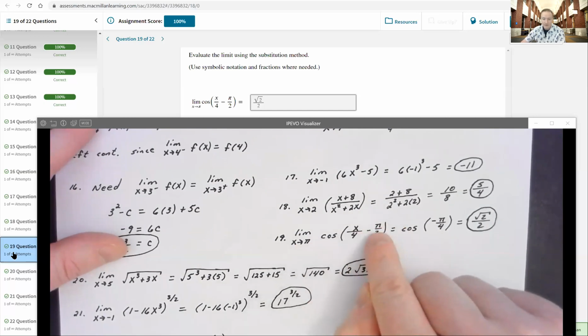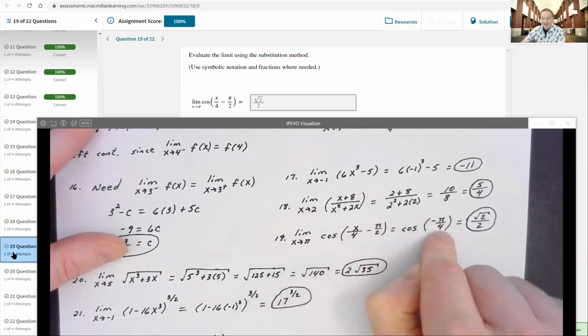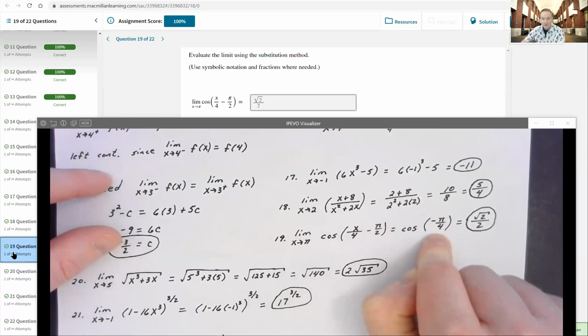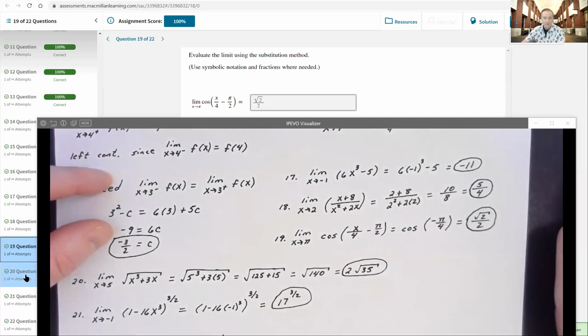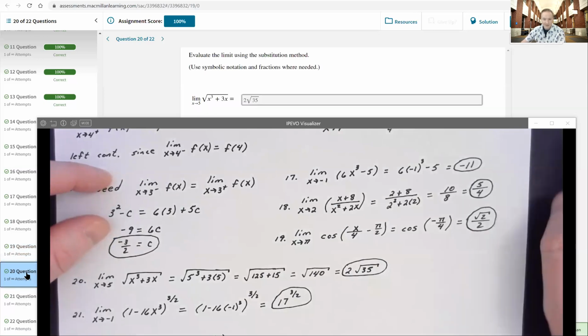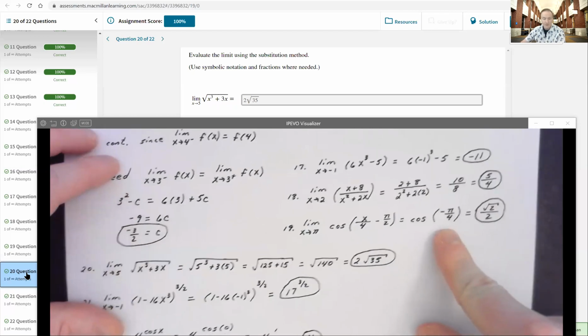Pi over 4 minus pi over 2 gives me a negative pi over 4. The cosine of negative pi over 4, I'm just thinking, well, that's the angle at which it splits quadrant 4. And at that angle, your cosine is going to be the square root of 2 over 2. That's what we do. Please remember, no wimpy decimal approximations. You have to know your values of cosine and sine of the common angles on the unit circle.